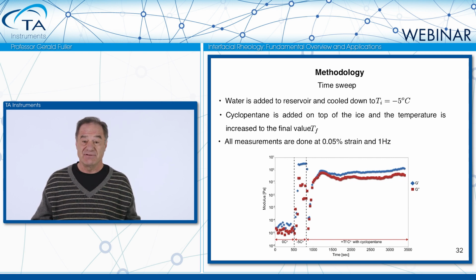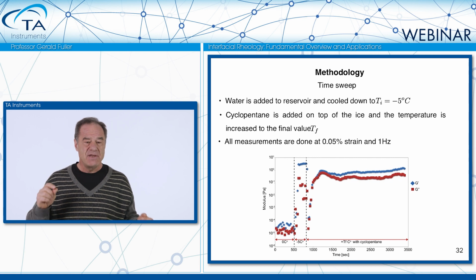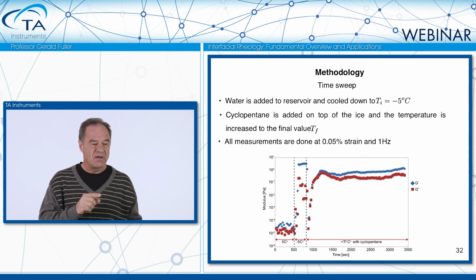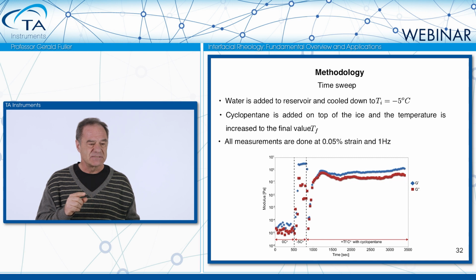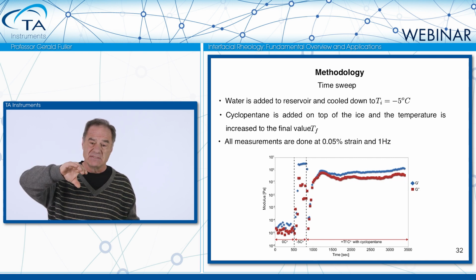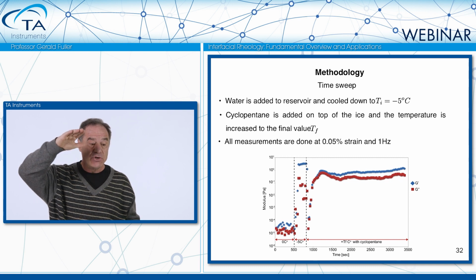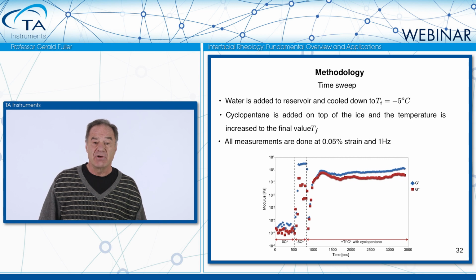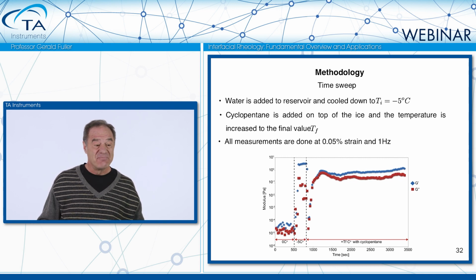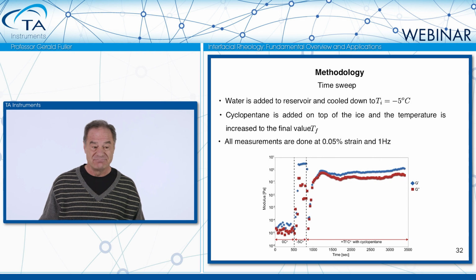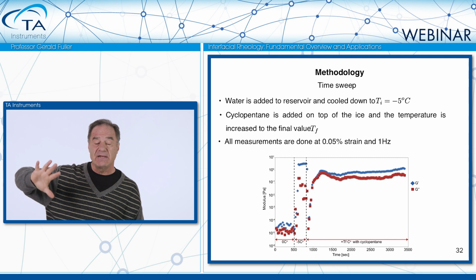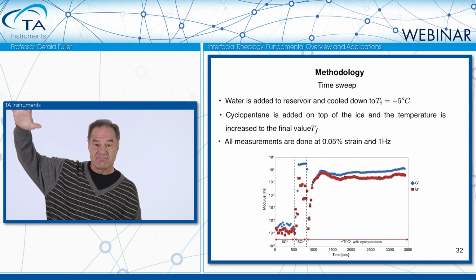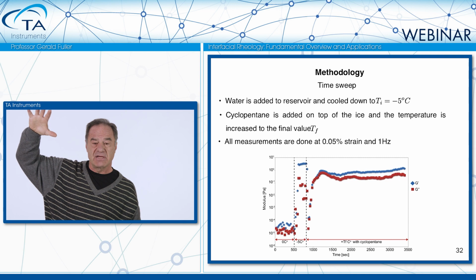We actually froze the water, and then between 500 and about 700 seconds, sometime in that time period, we poured the cyclopentane on top and then raised the temperature up to 3 degrees centigrade. And what happens is the water melts, the moduli drop to essentially 0, but then it starts to grow. We've inoculated the hydrate formation. You need that inoculation before this will actually happen.